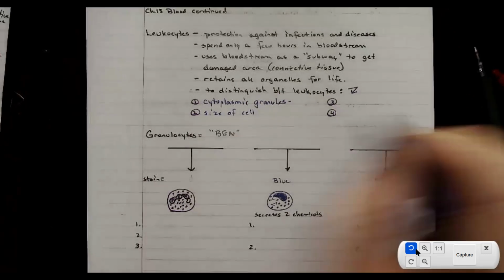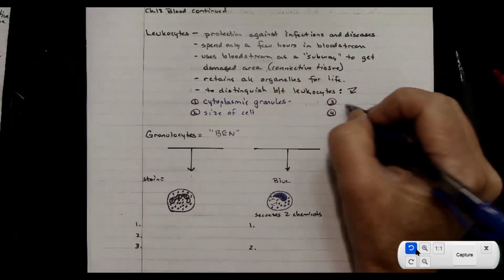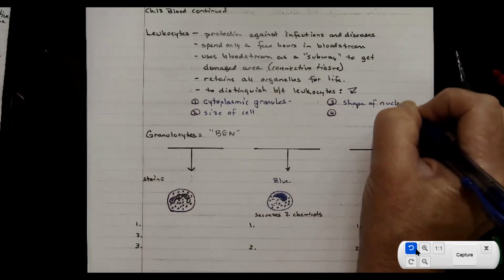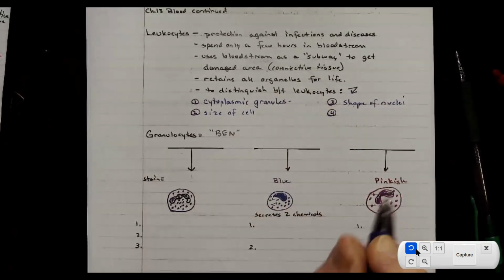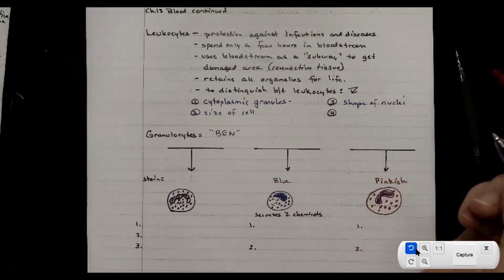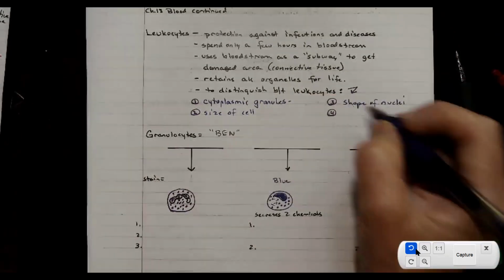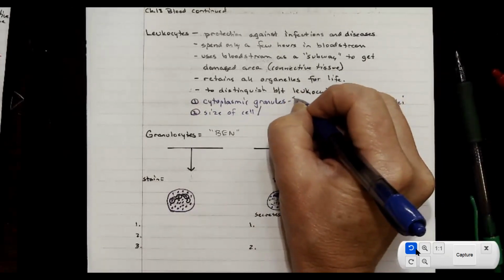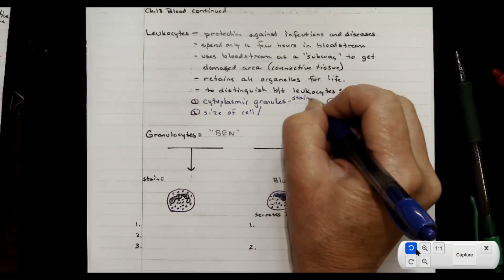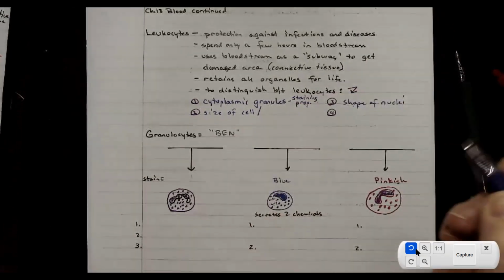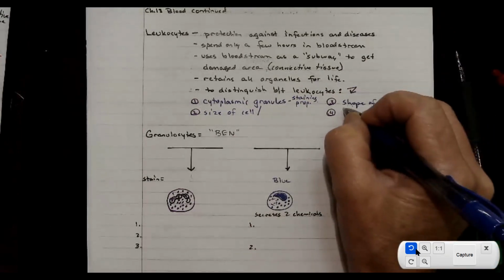We also look at shape of the nuclei. And I'm going to put staining properties right here, because the staining will show if they have granules or not. And then, of course, the function.